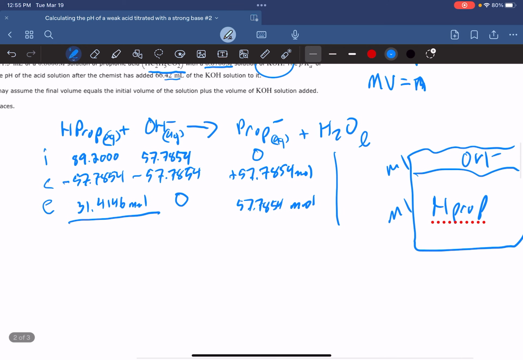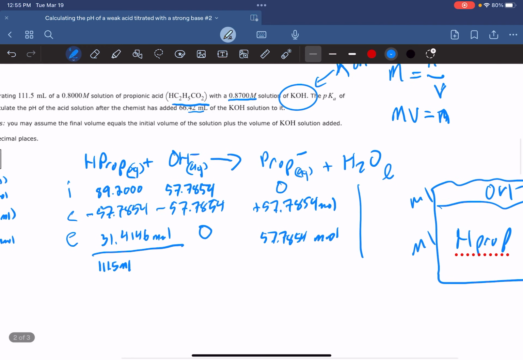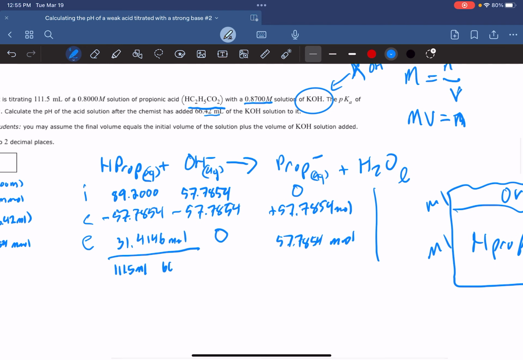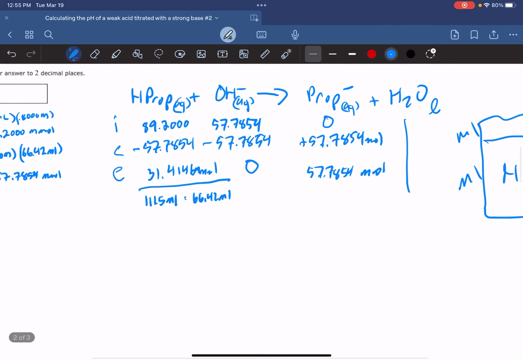So if we take a look at our volumes here, we have 111.5 milliliters of one, and we have 66.42 milliliters of the other. And because we have millimoles here and milliliters here, the millis cancel out, and we end up with a molarity of 0.176566.